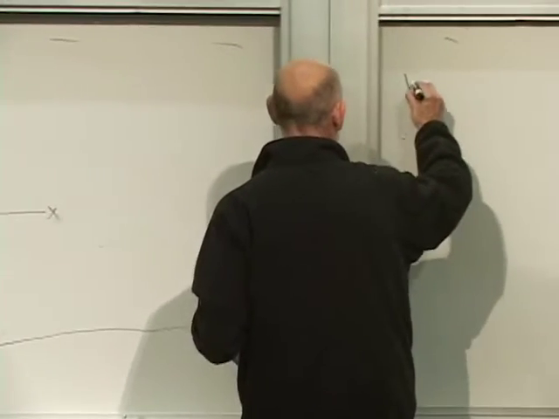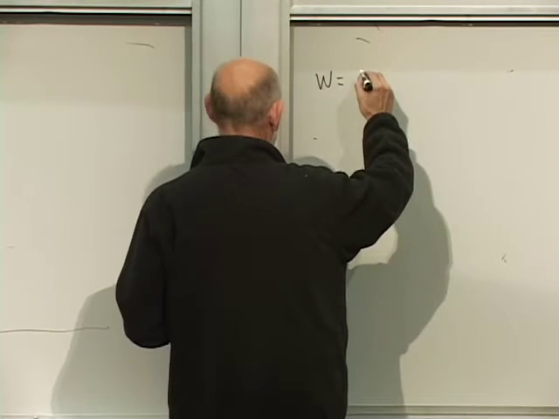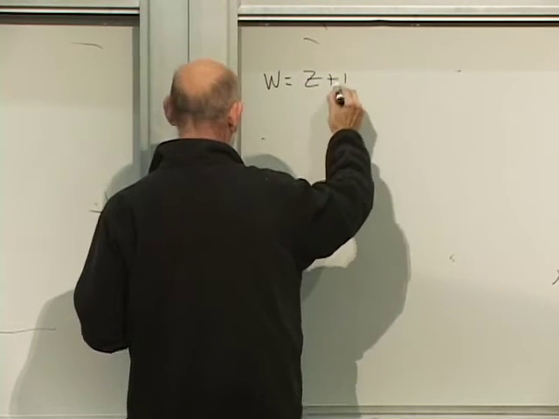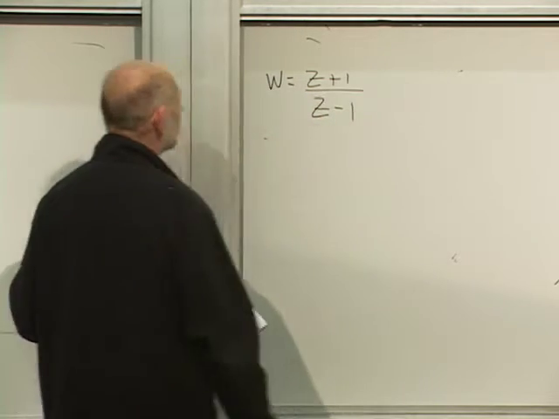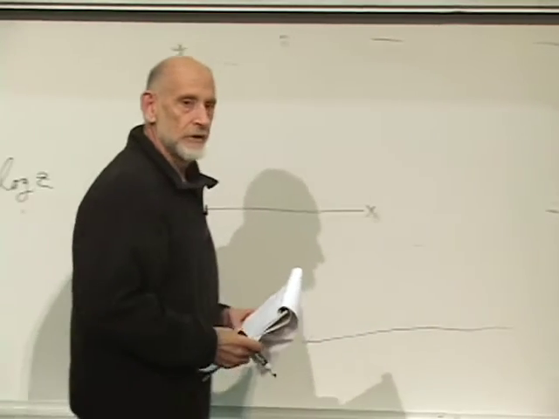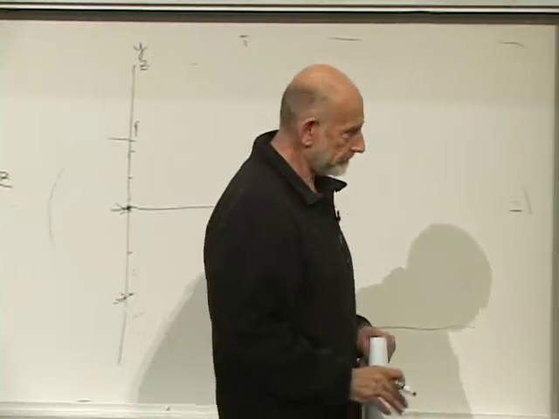How about this one? W equals Z plus 1 over Z minus 1.